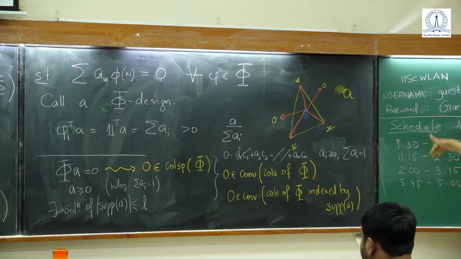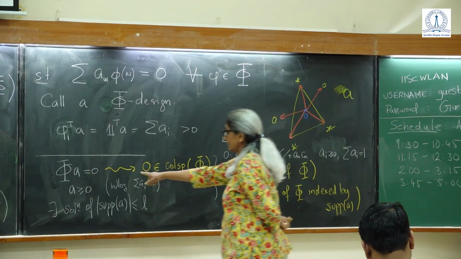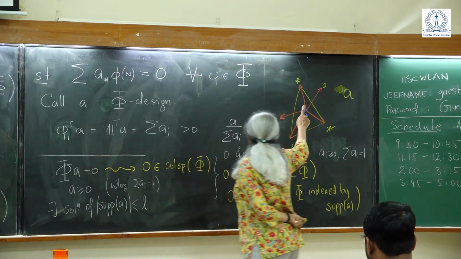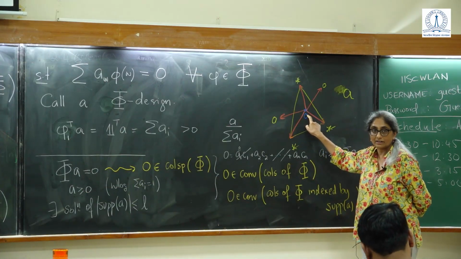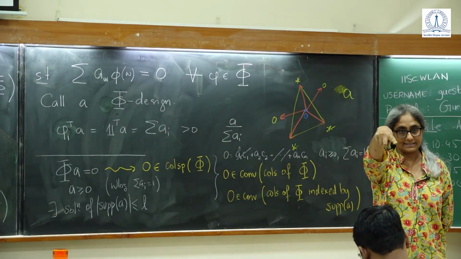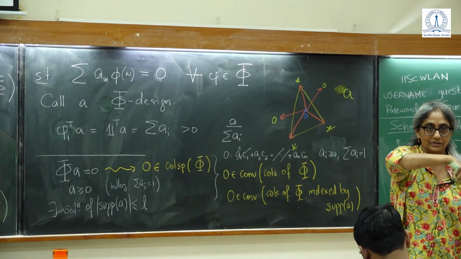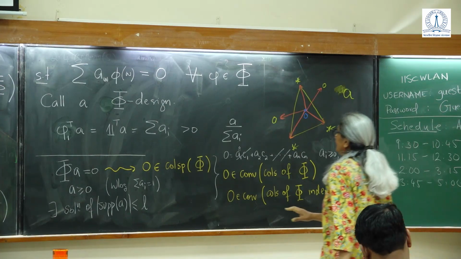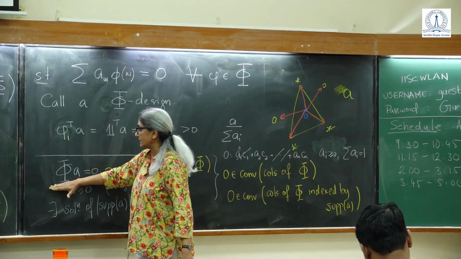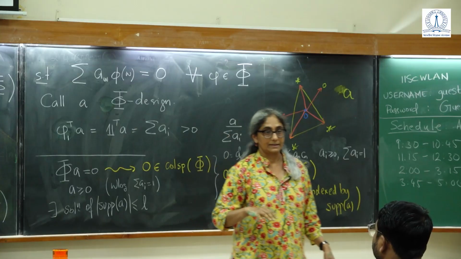And then once I know all the B's, I can look at what should be my A. Every time I pick an A here, I'm getting 0 in the convex hull of some red columns, and I'm getting a facet or face on the other side. If I change the A, I get a different face. Do you agree? So the things that remain constant all the time are the choice of phi, and therefore the choice also of phi bar.